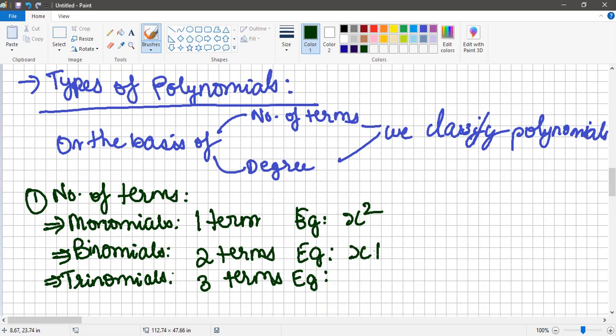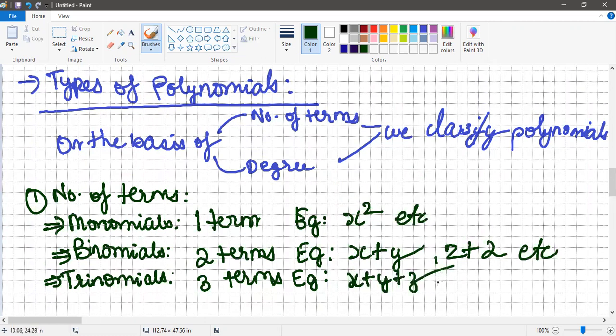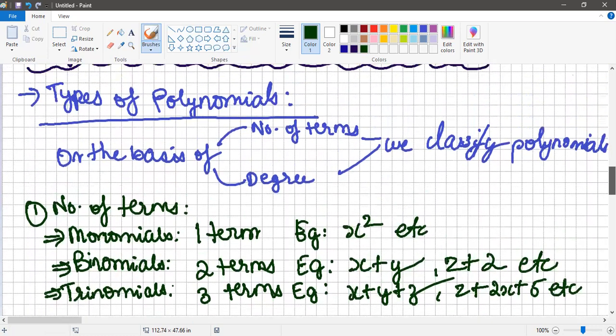Two terms, x plus y, this is a binomial. Z plus 2 is also a binomial, and we can keep going on and on. What about trinomials? We can take x plus y plus z, or we can take z plus 2x plus 5. This is also another trinomial expression. Clear? These are the types of polynomials on the basis of number of terms.